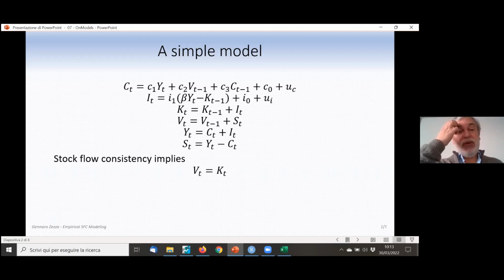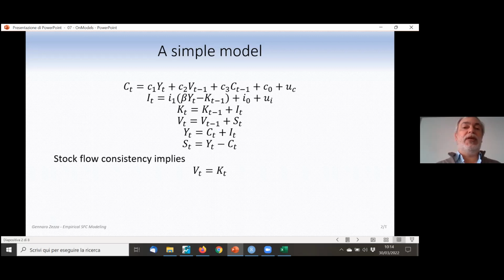And I wanted to have the model to be dynamic. So I'm using lagged variables on the right-hand side for consumption. So here, this is rather standard. The consumption depends on income and the opening stock of wealth. Investment depends on the capital output ratio.